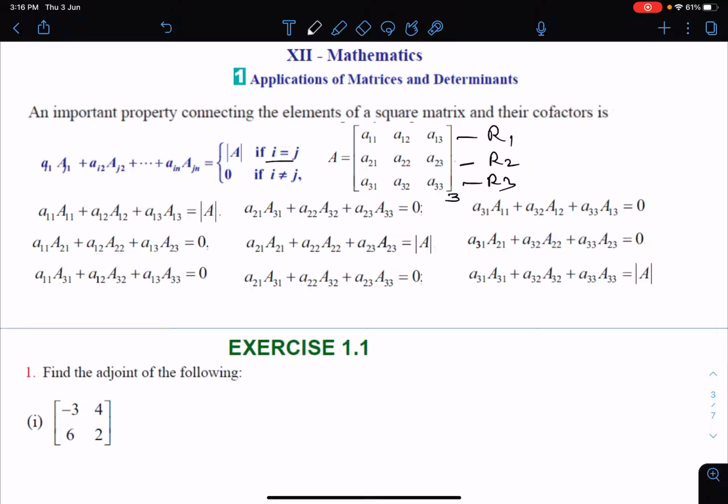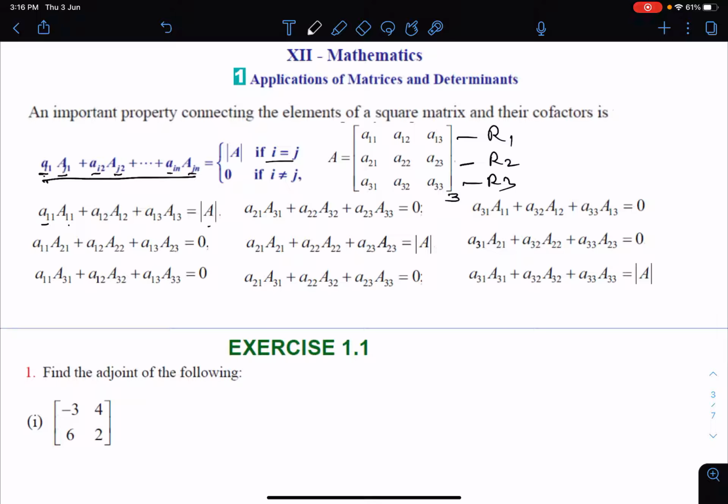Now you see the first one, for the first row they have written along with their cofactor as given in the formula. What is that? a11 with capital A11 plus a12 capital A12 plus a13 capital A13 equal to determinant A. Now you see here it is i and here it is j. So the first one is the i.